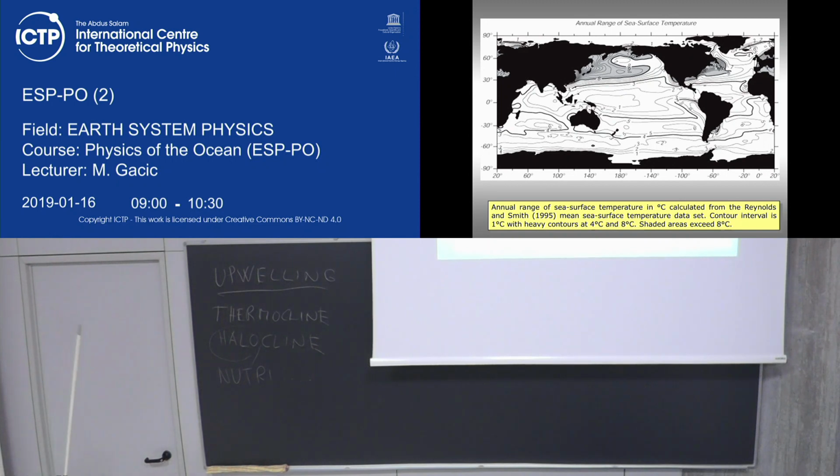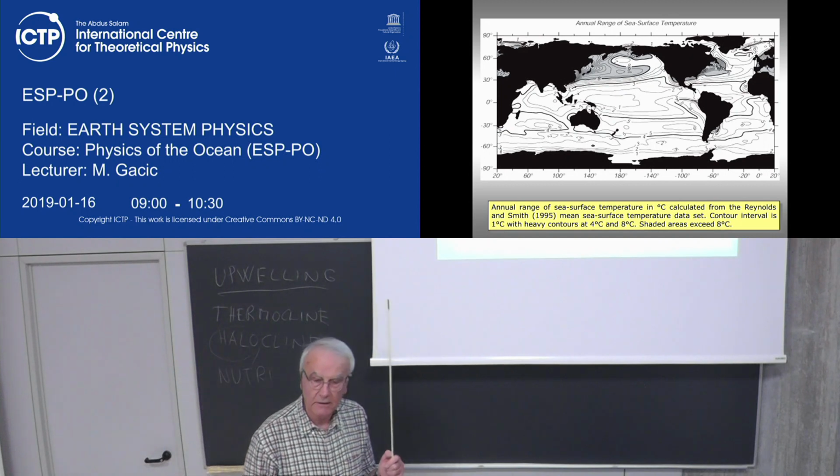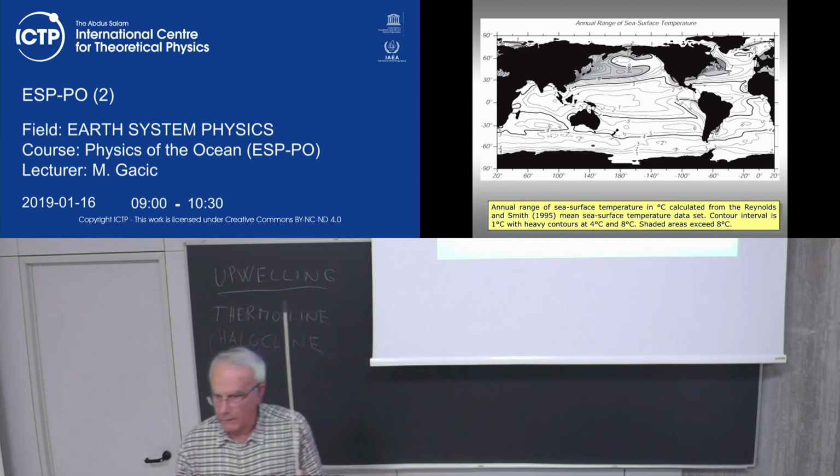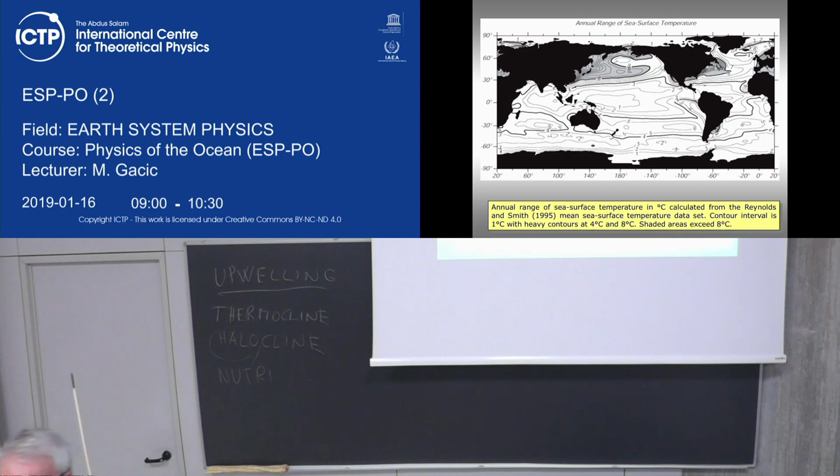They're present in the northern hemisphere, on the western coast of the northern hemisphere. So obviously it's not that the sunshine is stronger in that area. There's no way that we can explain this that way. We have to try to explain this in terms of the interior of the ocean. What is happening in the ocean in that specific area which can help us explain this annual range?